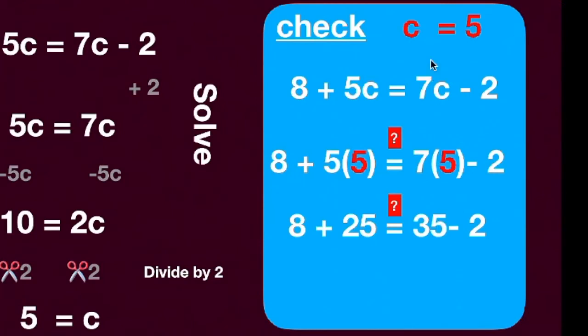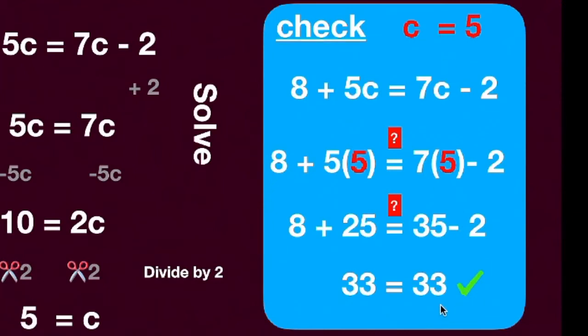As you can see, we go on this column calculating the second side. On this column we calculate the first side. So we do them side by side. Now we add 8 and 25 to get 33, and we subtract 2 from 35 to get 33. We look at it. Are they equal? Yes, they are. That means we have checked the solution and it's accepted.